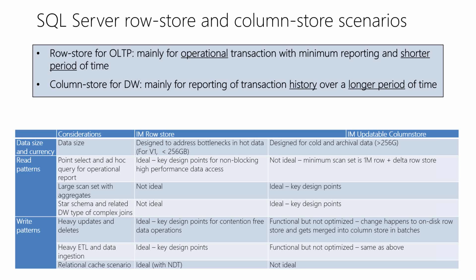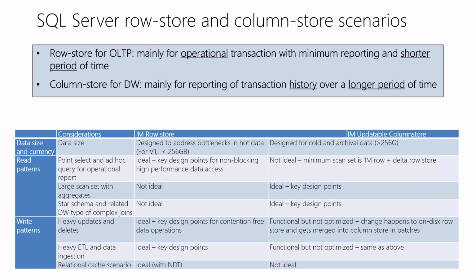They just aren't nearly as fast or efficient doing specific row lookups. Column stores are ideal for large scans with aggregates, star schema related types of joins, not so ideal for in-memory OLTP. Write patterns are ideal as a key point for contention-free data operations.